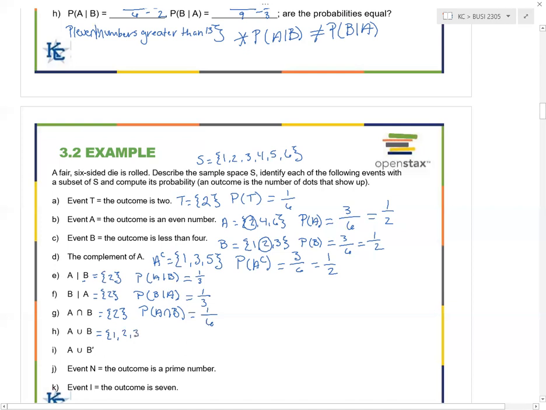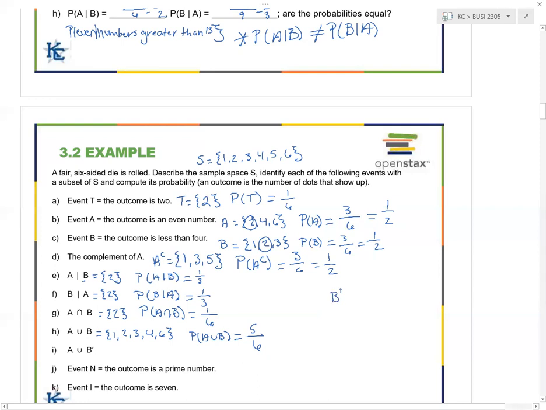We have 3 in B, we have 4 in A, and we have 6 in A. And so the probability of A union B equals, we have 1, 2, 3, 4, 5 total outcomes for A union B, and then we have 6 total outcomes in our sample size. So it's 5/6.